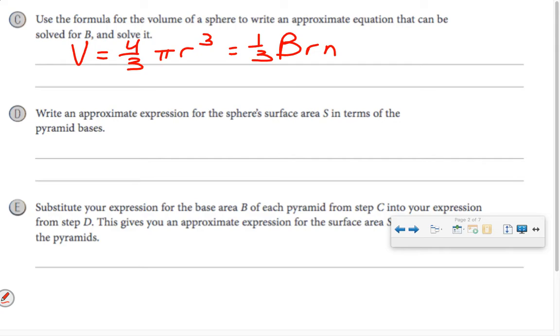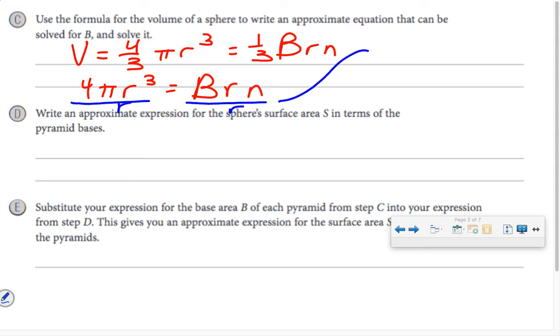If I multiply both sides of the equation by 3 in order to get rid of the fractions, that means that 4 pi r cubed would equal B times r times n. And if I simplify that a little further, I can divide both sides by r and get 4 pi r squared equals the area of all of those bases times the number of bases.